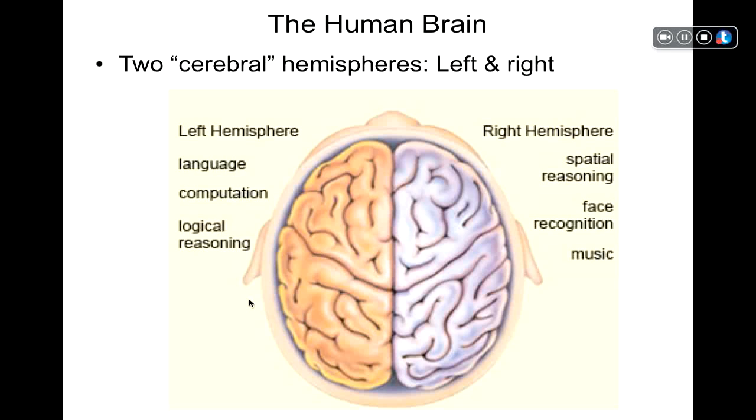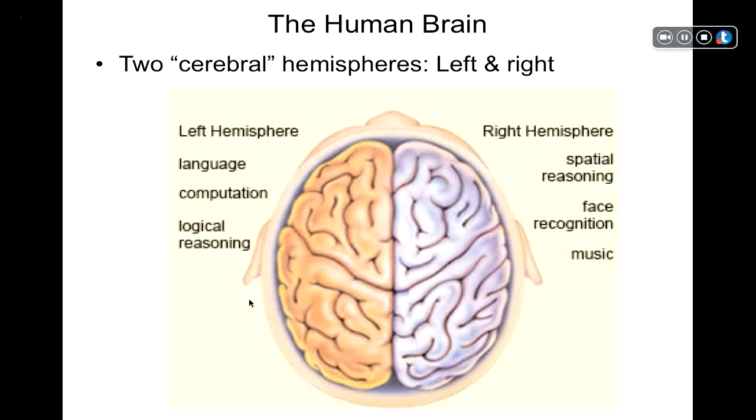So let's talk about the brain. We're looking down on a head that's had the top of the skull removed, and you're looking at the two cerebral hemispheres, the left and the right. So, specialization or localization of function. Each hemisphere is particularly responsible for various things.